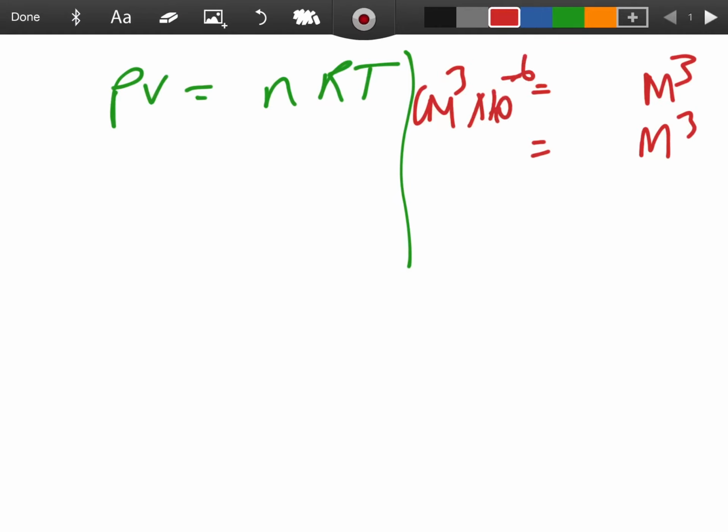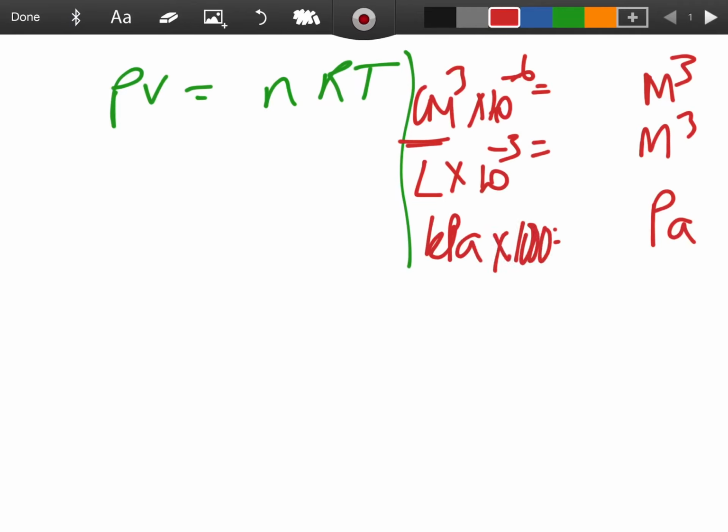So you're going to have to remember these. Centimetres cubed multiplied by 10 to the minus 6. If you're given volume in litres, you must multiply by 10 to the minus 3. And remember, the other thing is your pressure has to be in pascals. So if you're given kilopascals, kilo is 1,000, so multiply by 1,000 to change to pascals, okay? So you need to remember those quantities there.